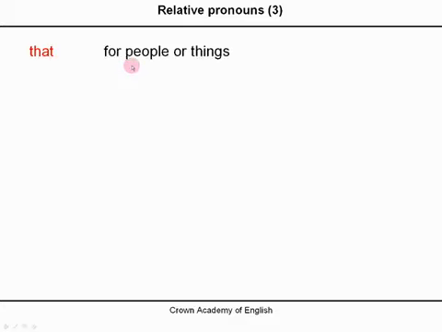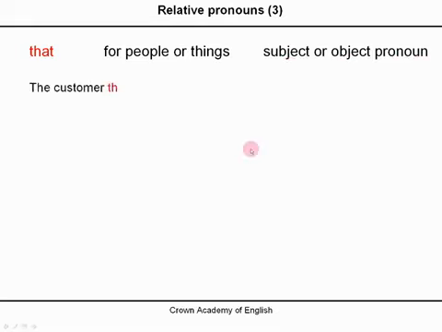So we can use it for people or things. And it can also be the subject or the object pronoun. Example, the customer that called me was angry. And this is the subject pronoun. So we have a choice.